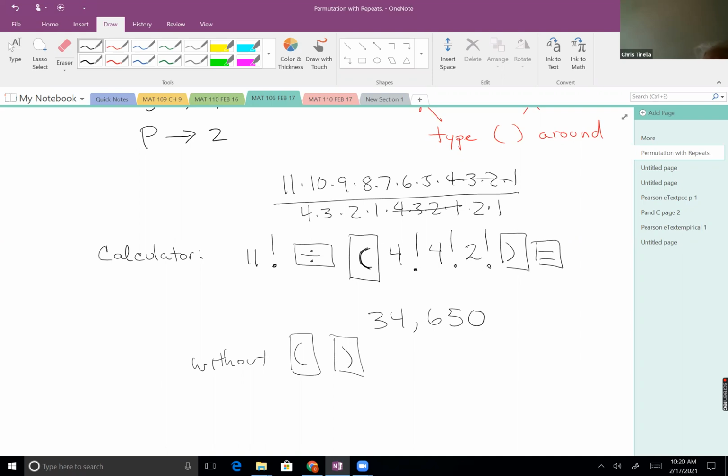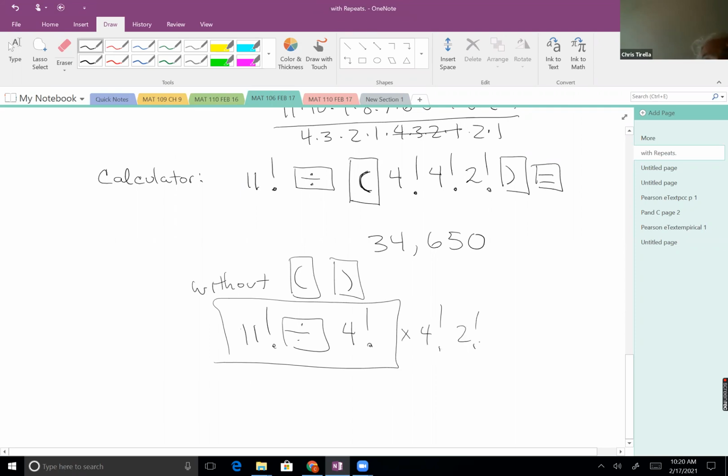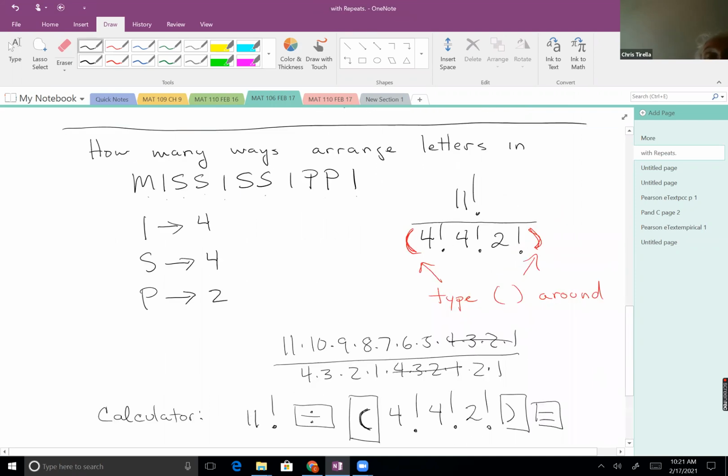The reason is if I did it without the parentheses, 11 factorial divided by 4 factorial, this is all that I would divide. And then I'd end up multiplying it by the other 2 numbers, which is not what I want. So you have to remember, when you're doing this, you've got to type those parentheses around your denominator.